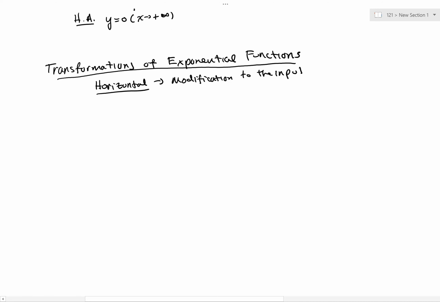And I'm going to quickly go through them again, just to remind you, but so something's happening to x inside the function, but for exponential functions, where does the input go? So inside the function means in the exponent.